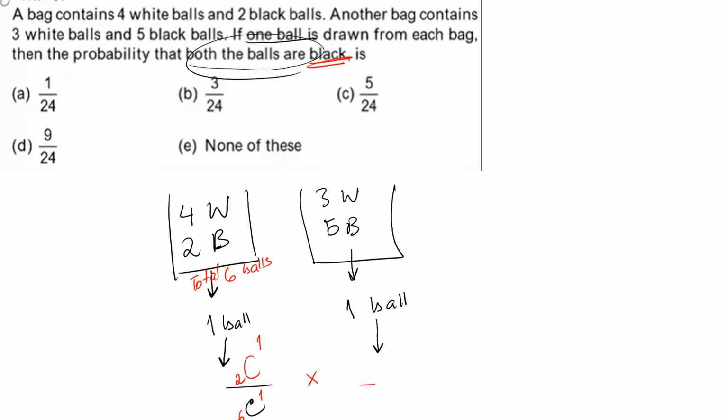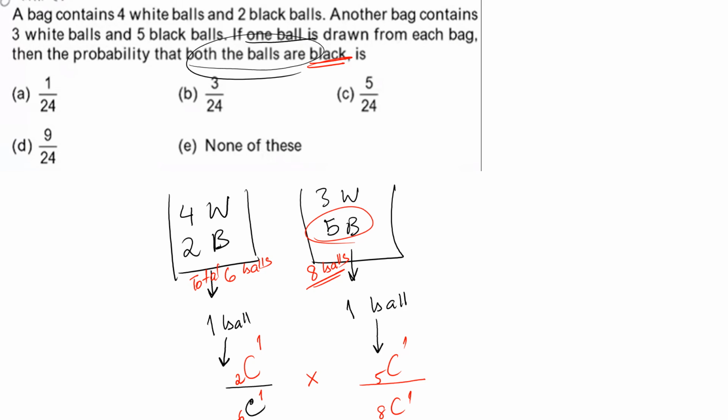Okay, so what will be the second selection? Second is total 8 balls, so 8C1. You have to choose one ball so that it is black, out of 5 black balls. You will write it and get the answer.